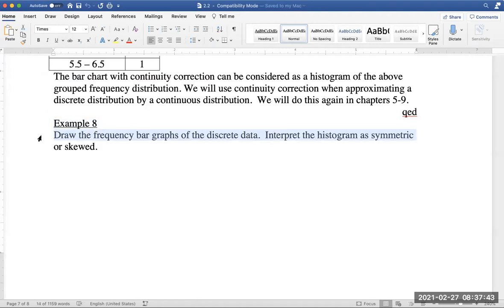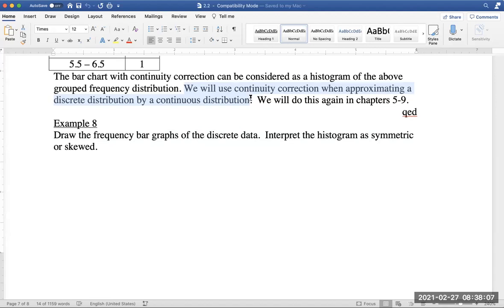Draw the frequency bar graph of discrete data and interpret. And I should say, and this is a very important statement, we will use continuity correction when approximating a discrete distribution by a continuous distribution.